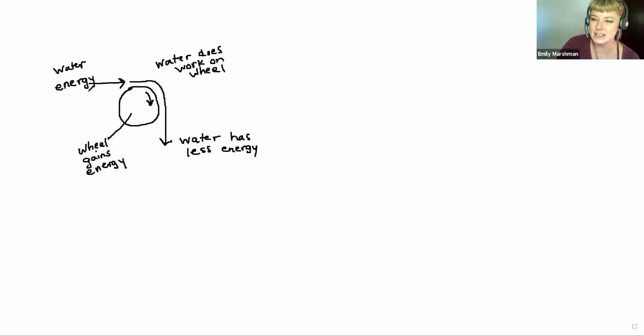So we can see that these concepts of energy and work are very intimately tied together. If an object has energy, it can do work on a system. And when an object does work on a system, the system gains energy. So they're very much tied together.